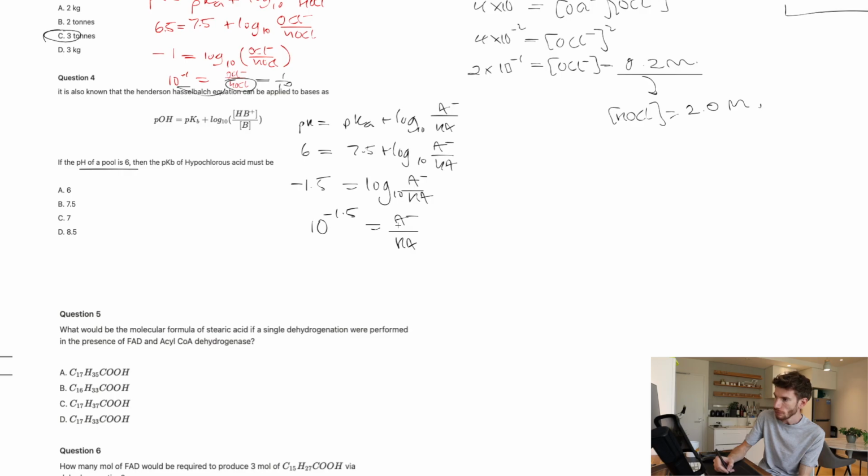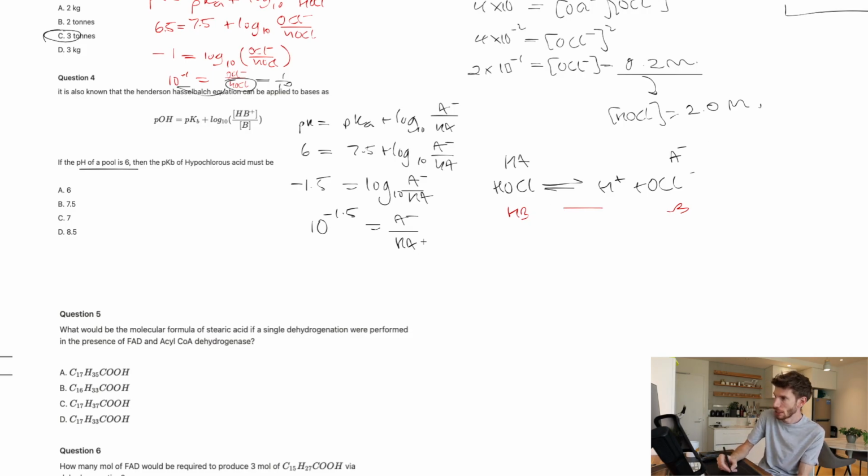From there, you can change the way that you look at it. These are just generic terms for acid and conjugate base and conjugate acid. So if we write out HOCl into H plus and OCl negative, here the OCl negative is the A negative and the HOCl is the HA. When we're talking about bases though, I'll do it in another color, we could think of this as the base and this can be the HB, if we're talking about the reverse reaction where it's acting as a base, the conjugate.